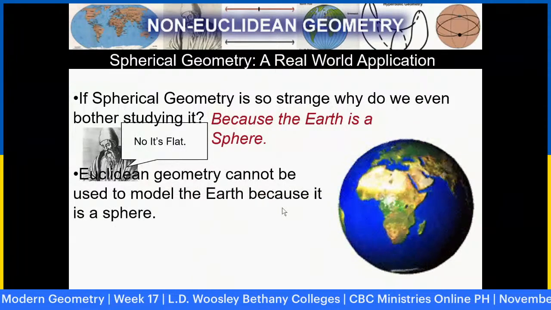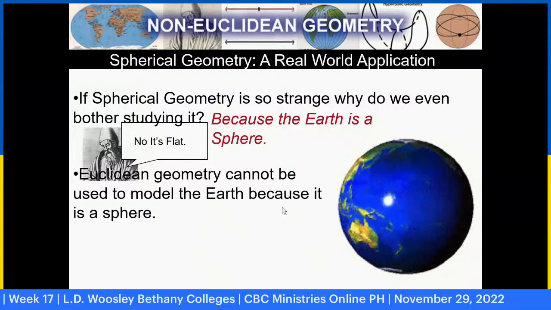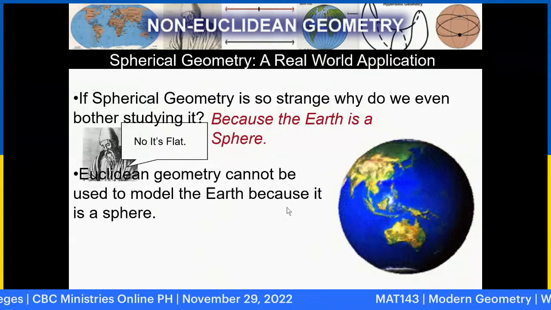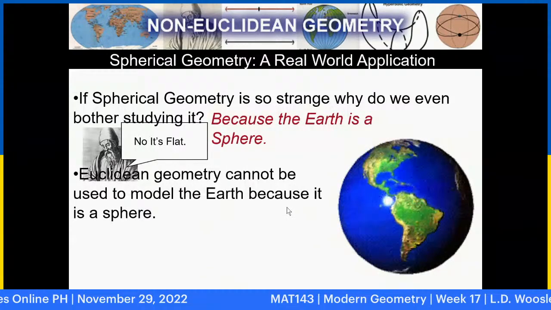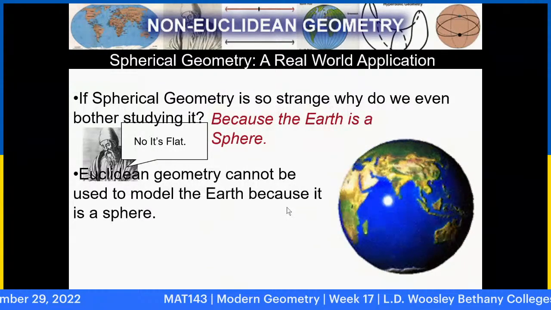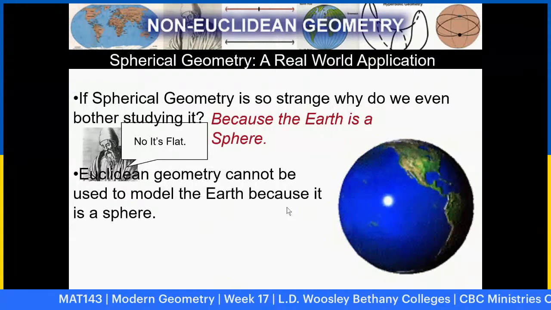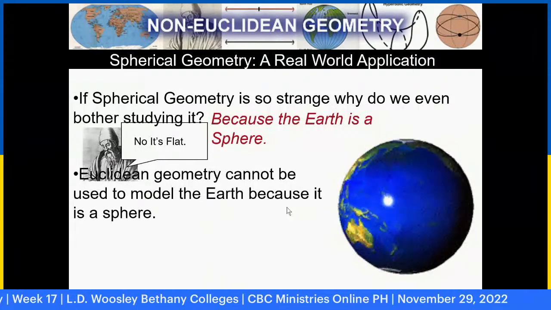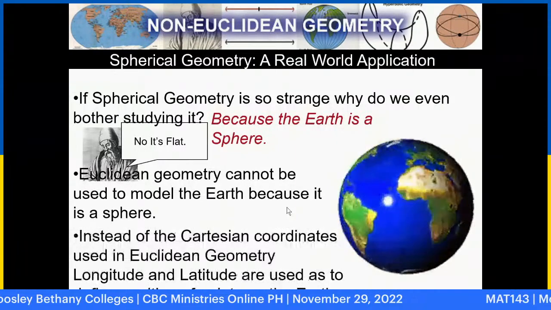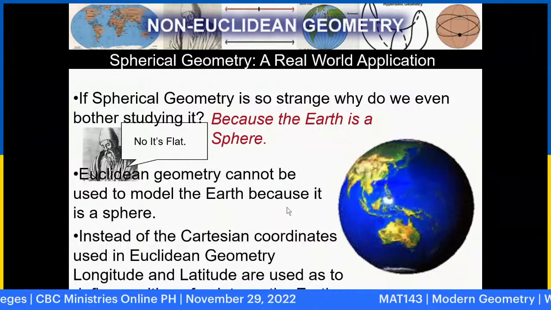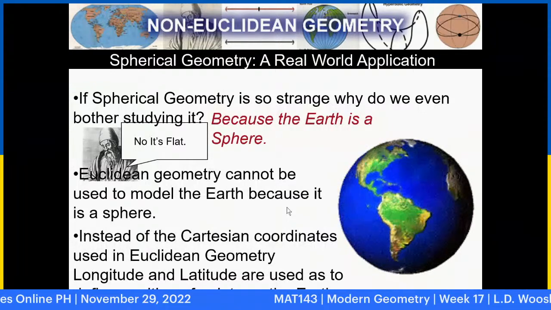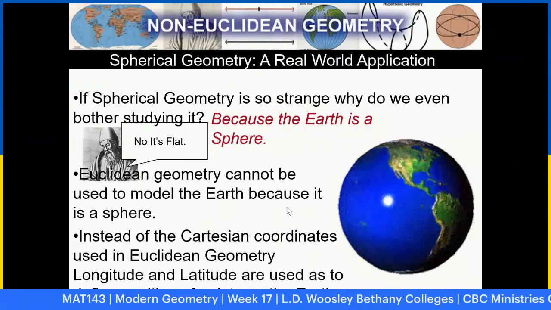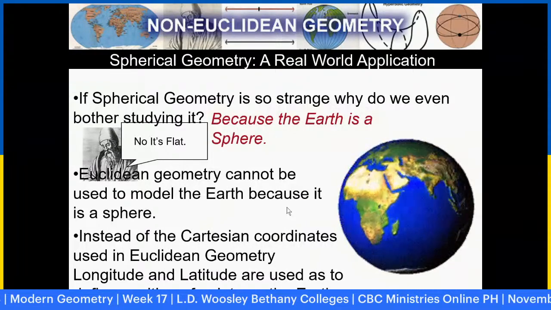Euclid believed it was flat, but through science we realized, and the circumnavigation of the Earth has been done, that Euclidean geometry cannot model the Earth because it is a sphere. Instead, Cartesian coordinates use Euclidean geometry. Longitude and latitude are used to define the positions of points on the Earth.